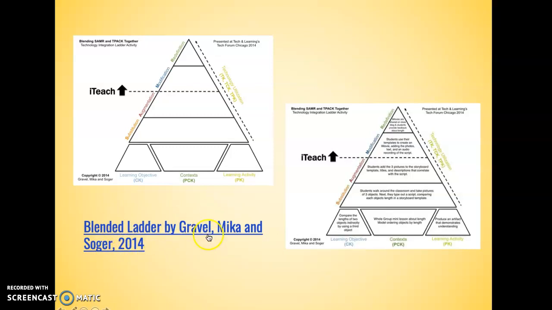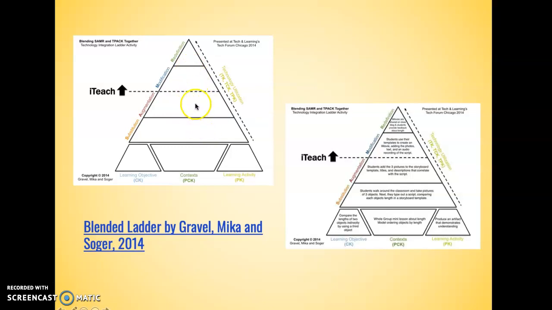I think it's Soger's blog spot. And it's interesting. What they say is they like to look at SAMR as a ladder. I'm not as fond of it as a progression, I don't really see it that way, but they do.